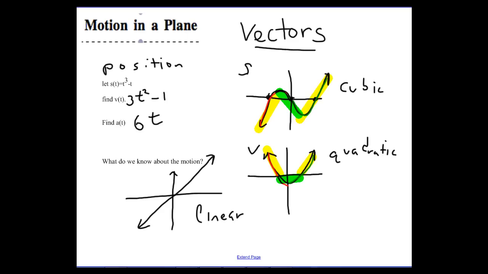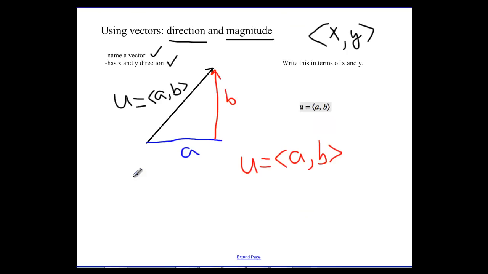Okay, so let's just quickly scroll through what we talked about. First, we talked about motion in a plane, and we can model that motion in a plane by position, velocity, and acceleration. And we quickly moved on to say, okay, we're going to be using vectors to describe motion in a plane.